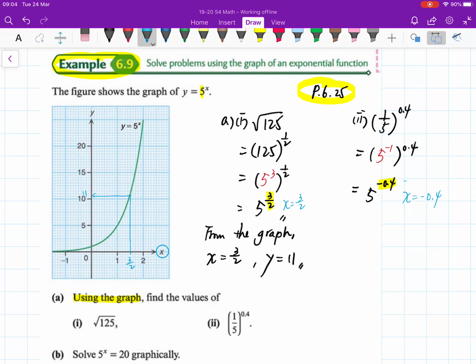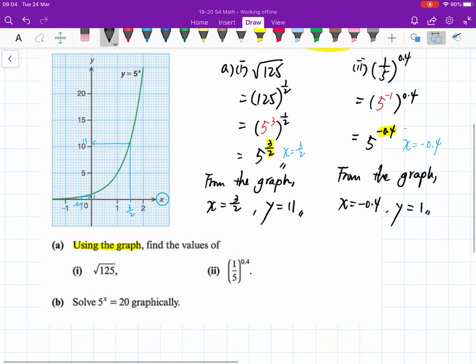Then we have to draw a line for x equals to -0.4, which is here. And again, we have to look at the value of y, which is 1. Then we can draw the conclusion from the graph. x is equals to negative 0.4 and y is equals to 1. Okay, this is the end of part A.